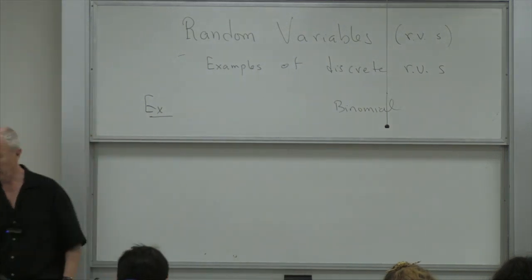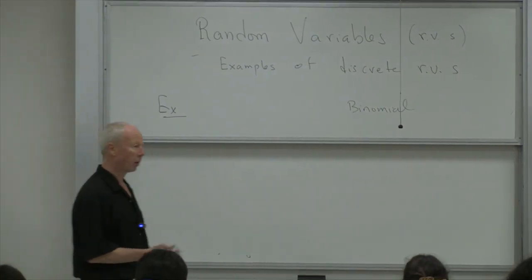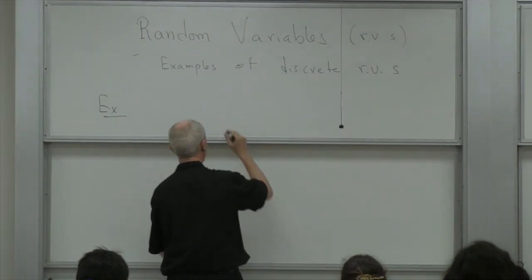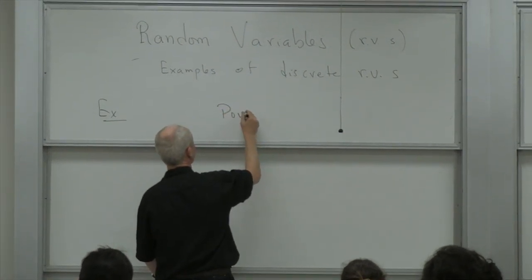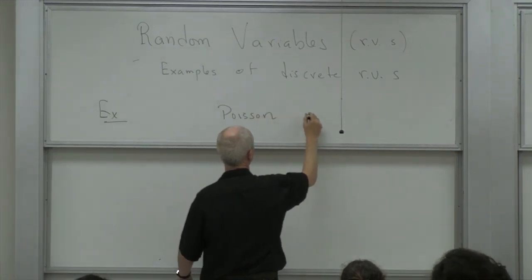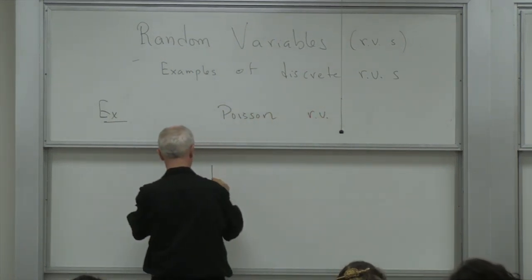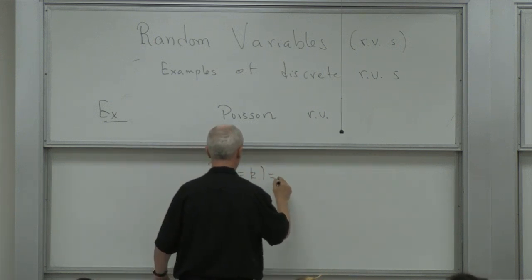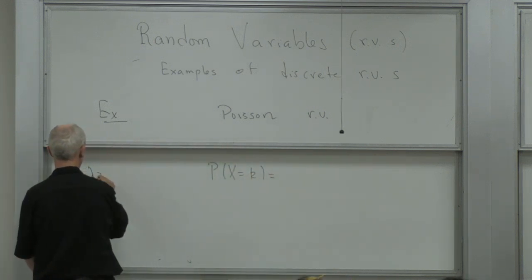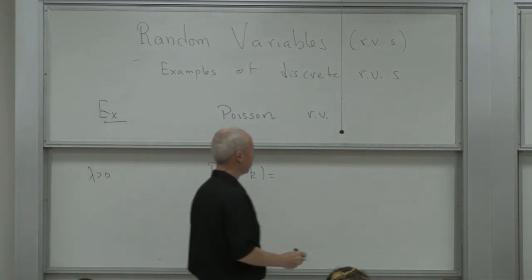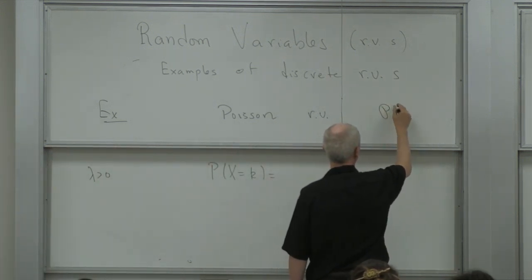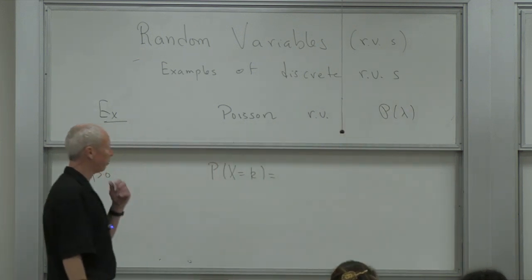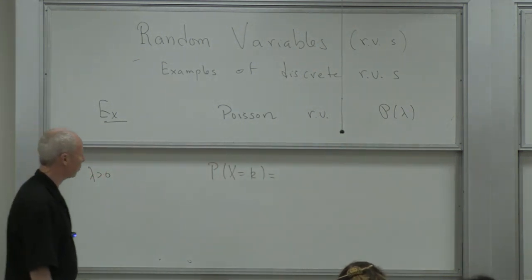Okay, perhaps one of the most important random variables is called Poisson. So here we have lambda positive, and I'll use this to indicate that the random variable has Poisson distribution with parameter lambda.